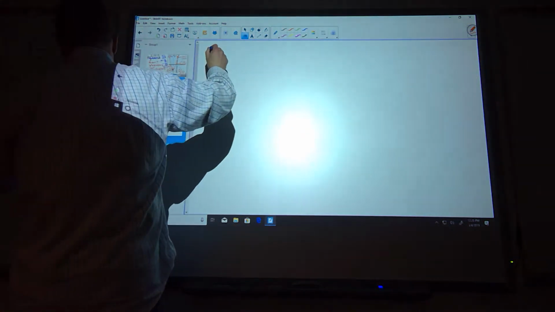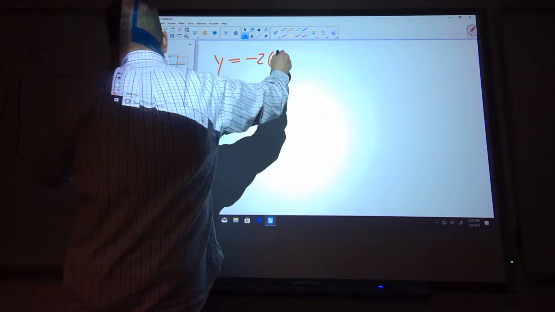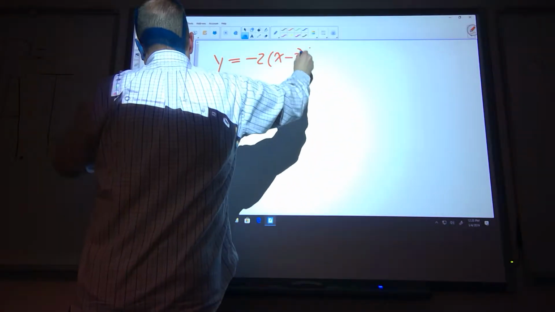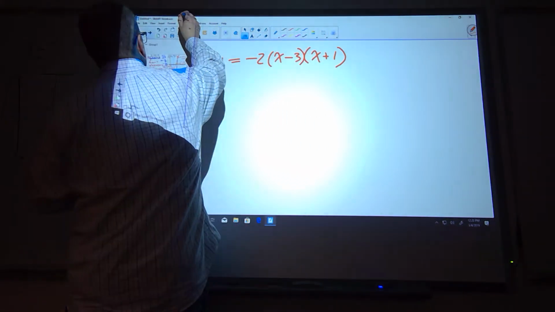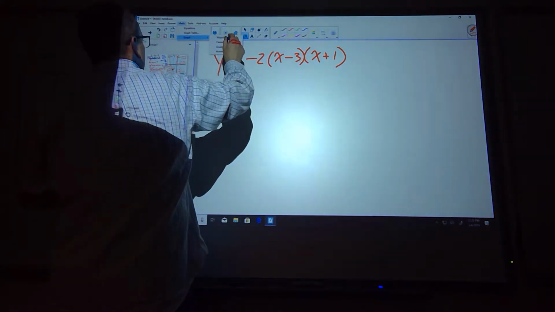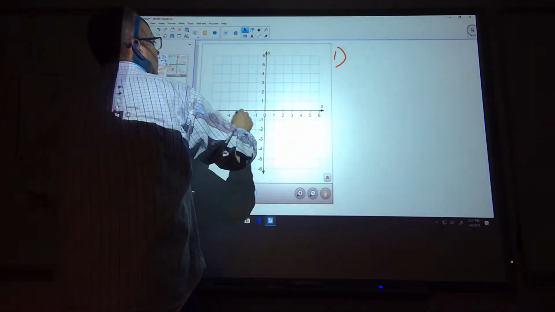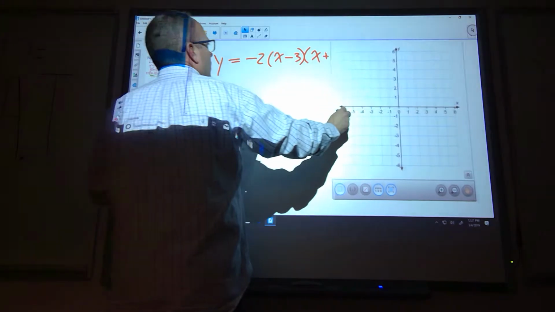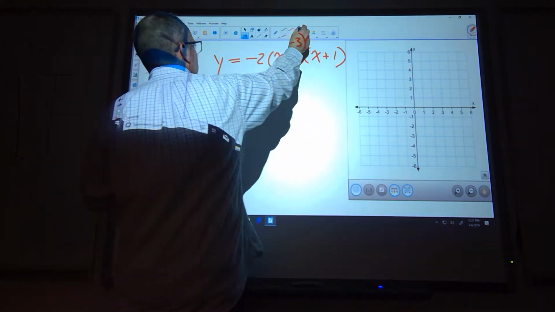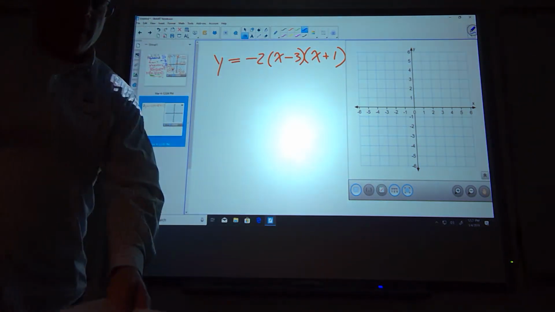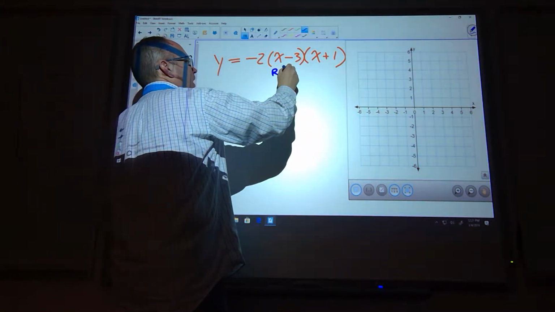What form is this one in? Oh, it's in the parentheses. Is this in standard form, or is it factored already? It's already factored, right? Okay. So this is already in factored form, agreed? So let's figure out where my roots are because it's in factored form.